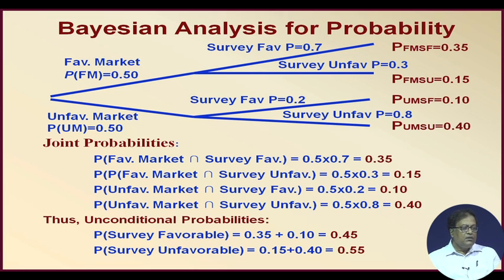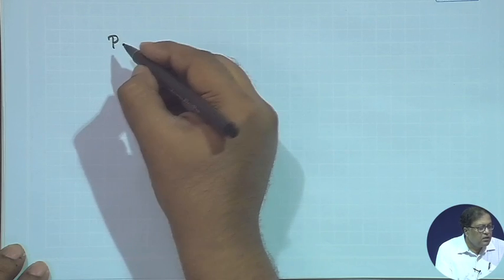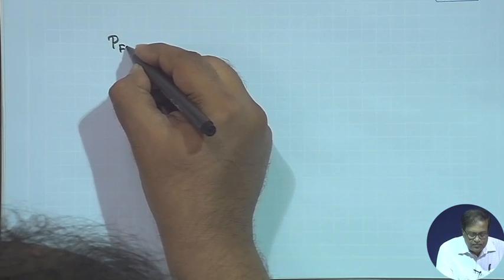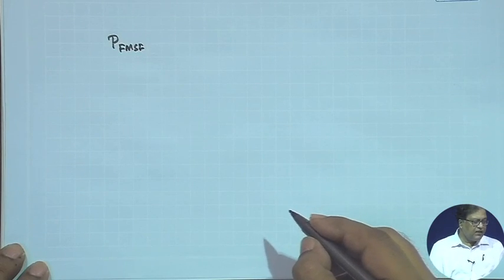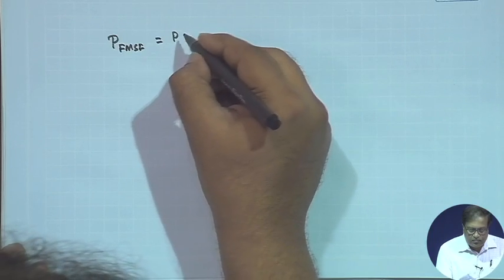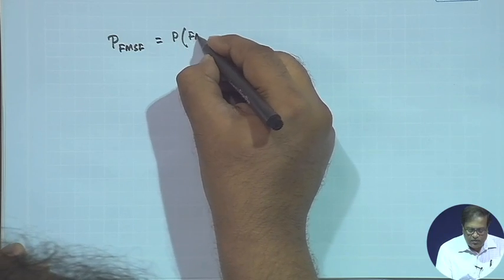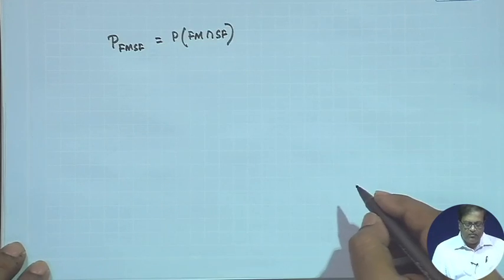Let us write this down and understand once again how these computations are done. PFMSF is equal to the probability of favorable market intersection survey favorable.